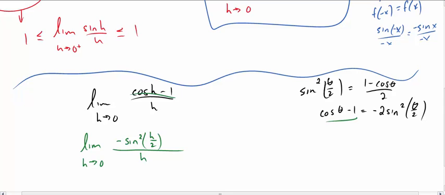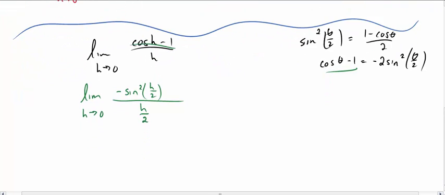And I forgot my 2, but that's actually okay because I can rewrite this yet again, do a little bit of algebraic manipulation. It's the same thing as having h over 2 in the denominator. What? Stay with me. This is equal to the opposite of the limit, and I'm going to rewrite this as h over 2 goes to 0.